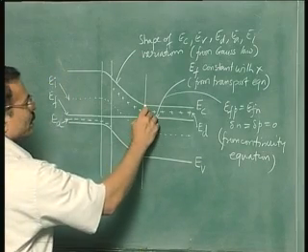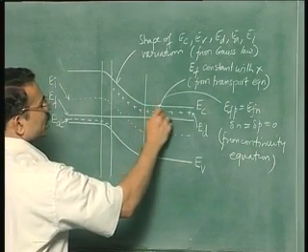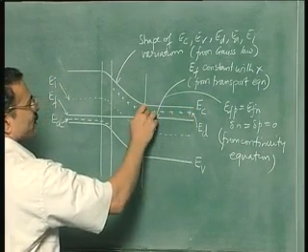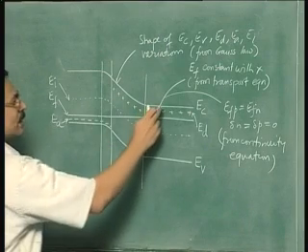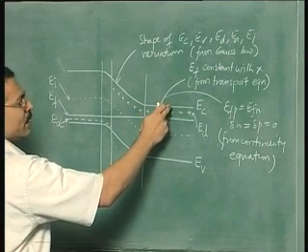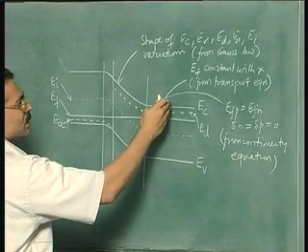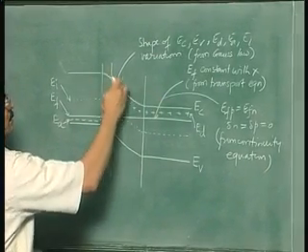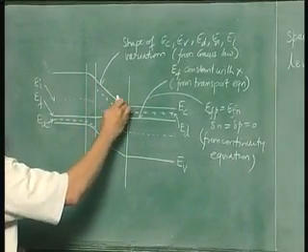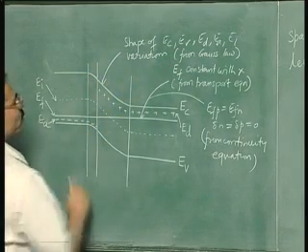So for example, in this region the EC is flat, this means there is no electric field here, and also there are no space charges, whereas here the shape will be parabolic. This parabolic shape is again obtained from Gauss law.